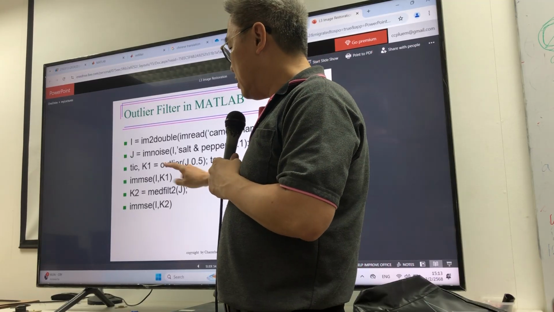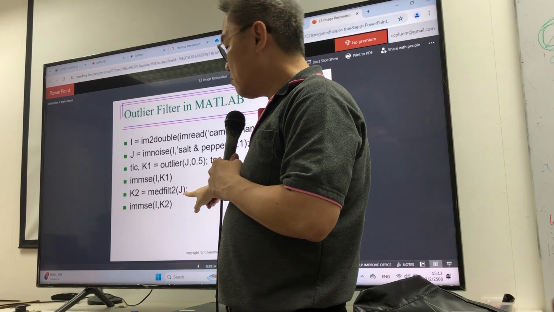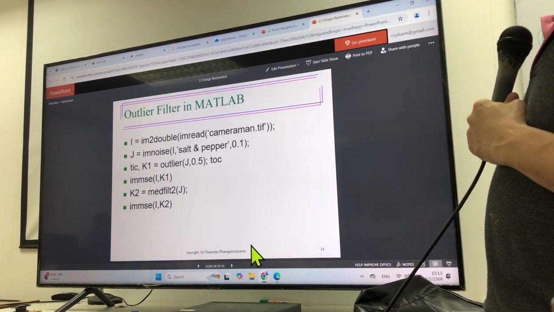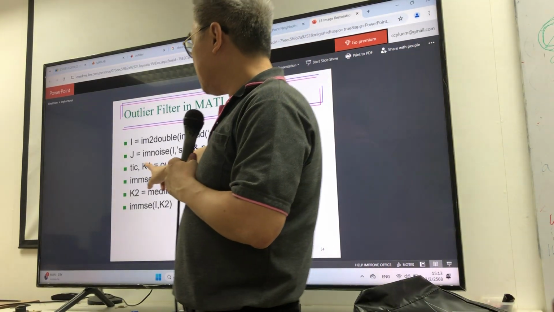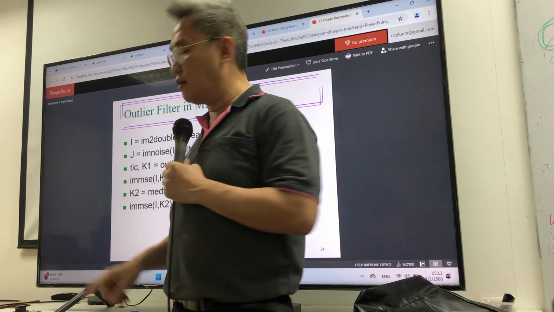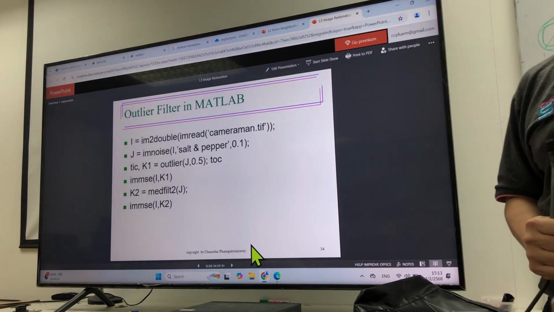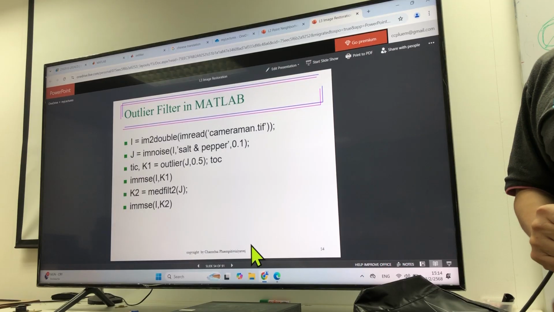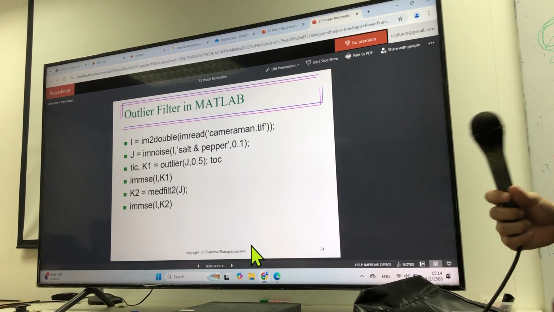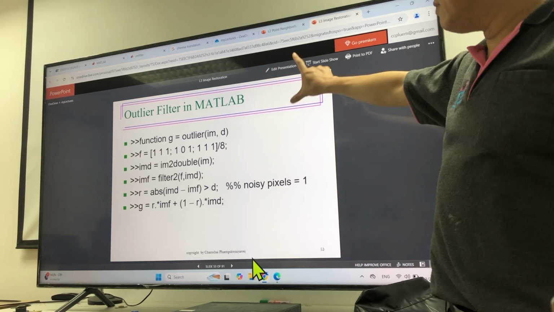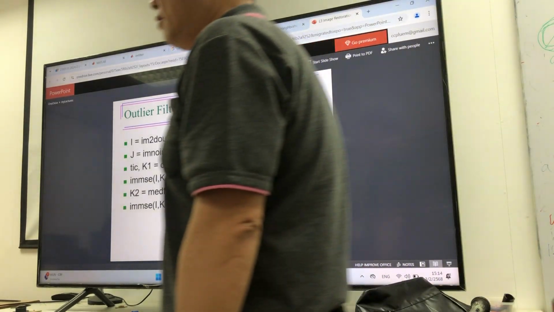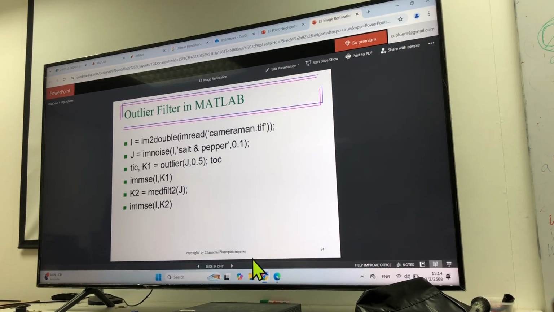Find the MSE and compare with the median filter to see which one is better. The MSE should be about the same. We use tic-toc to time it. The tic-toc of this one should be faster than that of the median filter. You need both, and this one must be a function first. Then call our outlier function; if it doesn't exist, we write it ourselves.